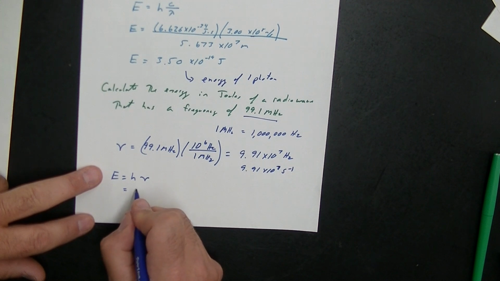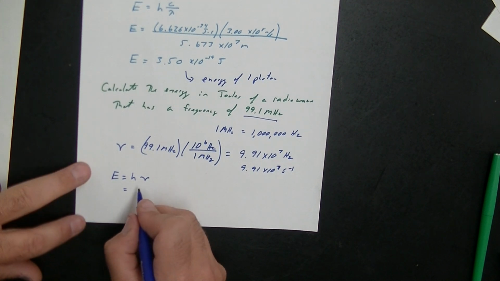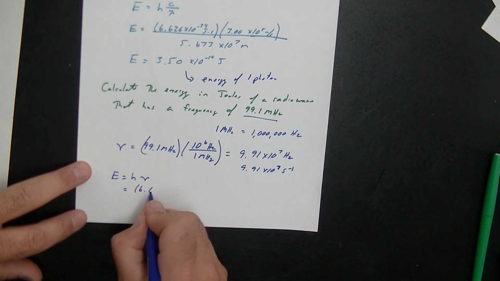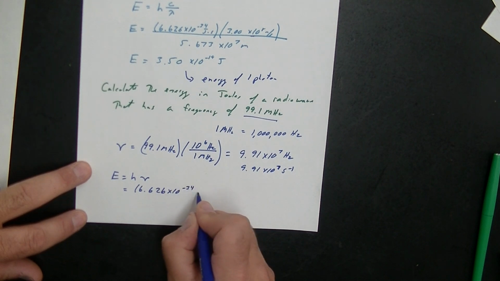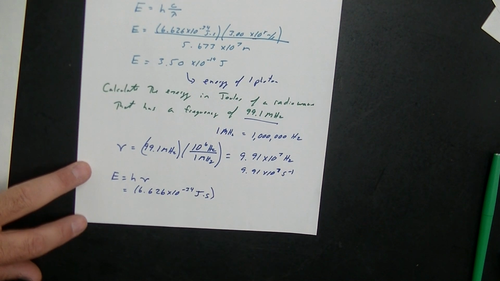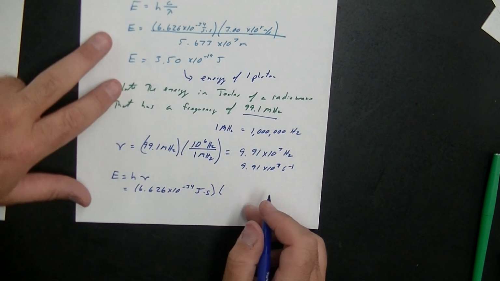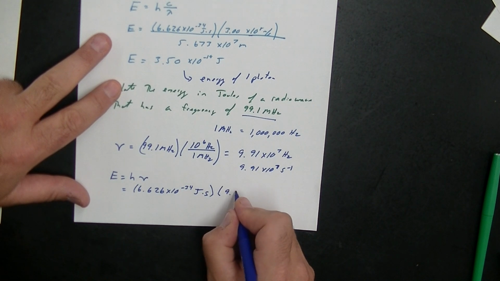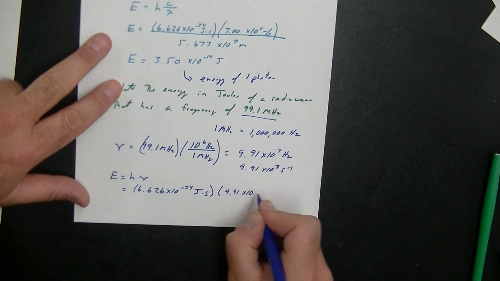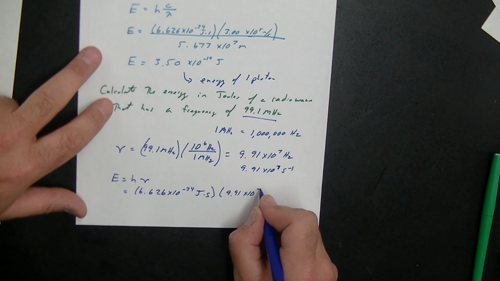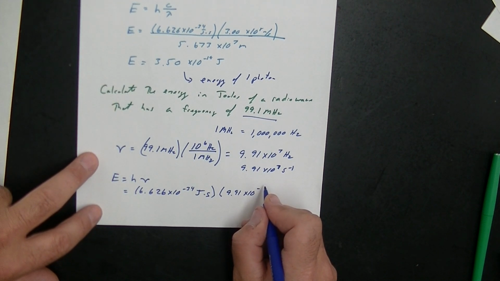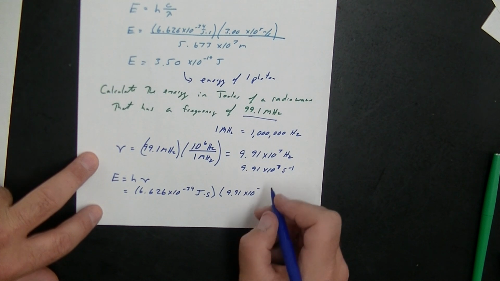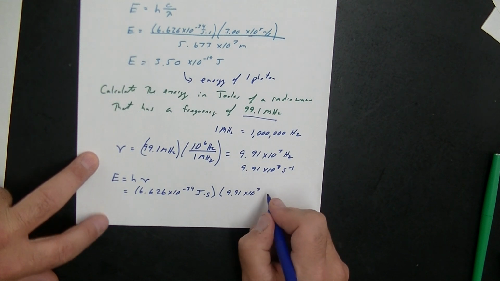Well, we know what Planck's constant is, times our frequency, 9.91 times 10 to the 7th.